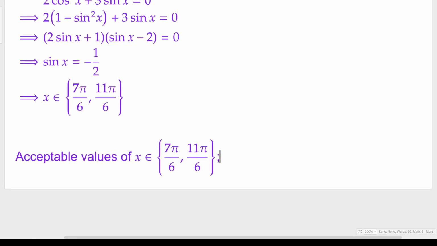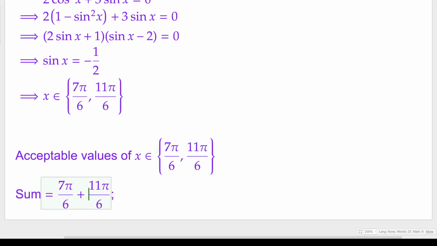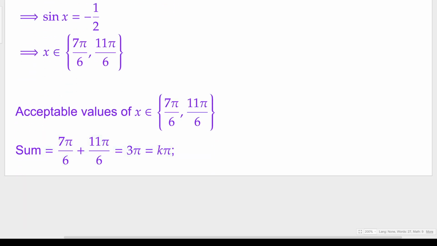And now if I take the sum, the sum would be equal to 7 pi over 6 plus 11 pi over 6, and this is equal to 3 times pi, which on comparison with k pi generates the value of k as 3, and this 3 is the answer, right.